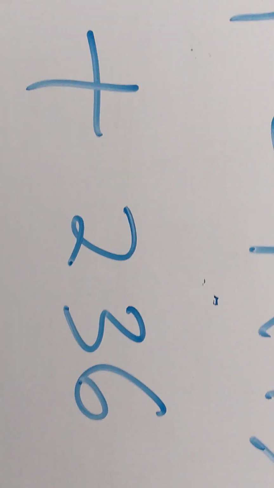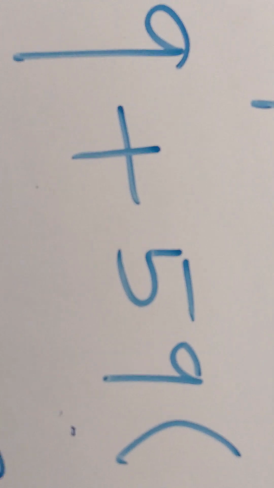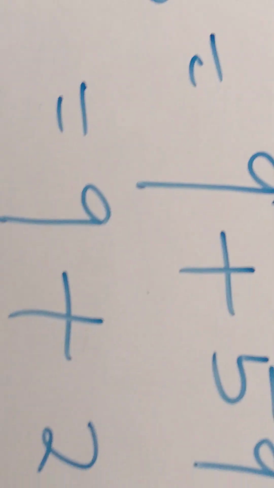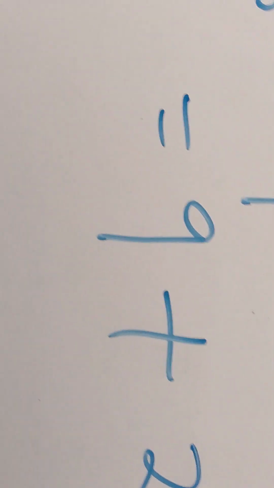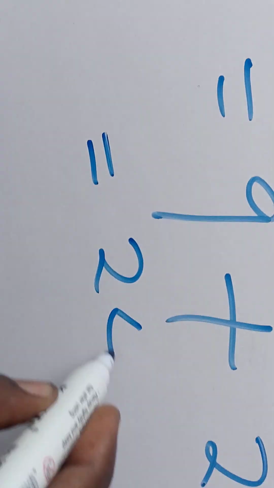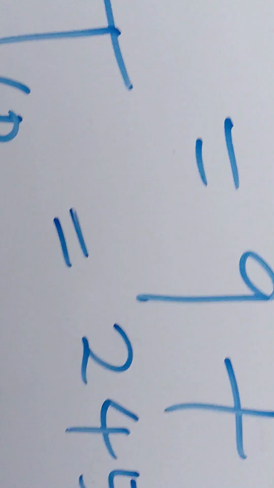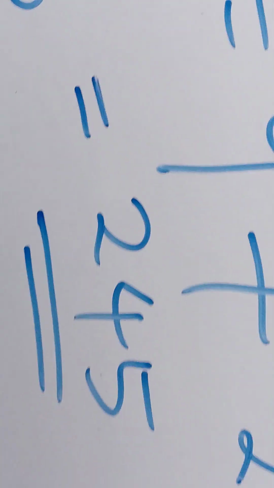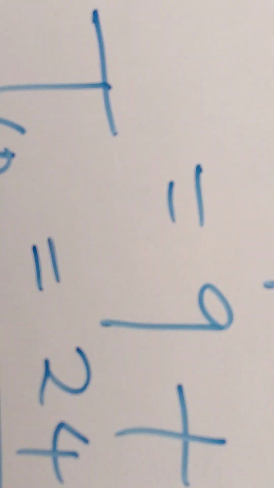If I add them, 9 plus 236 is 245. So the 60th term of the arithmetic progression is 245.